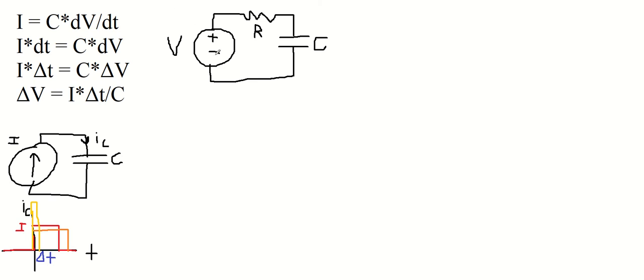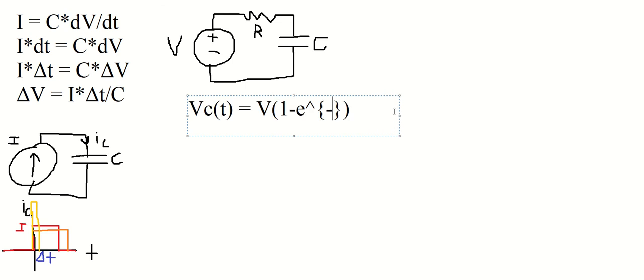So if we simply use our normal solving techniques for this RC circuit, assuming again as before that the capacitor starts with 0 voltage across it, we're going to get that Vc of t equals V times 1 minus e to the minus t over RC.